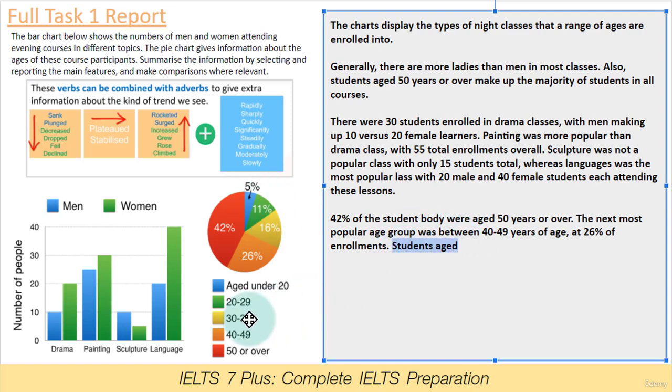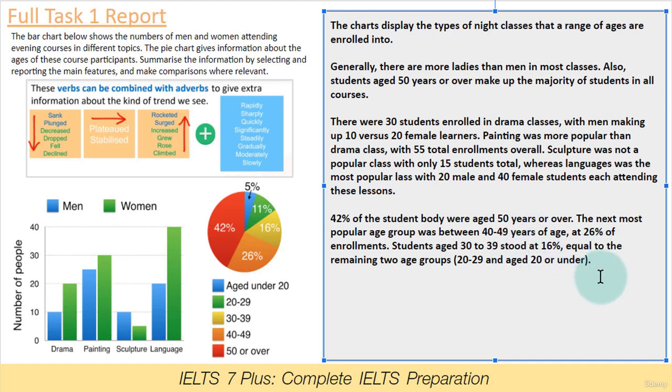So what I'll say is students aged 30 to 39 stood at 16%, equal to the remaining two age groups, and I'm going to use brackets as well, 20 to 29 and aged 20 or under. Okay, that kind of should mean that I have completed this writing here. I could maybe just say that age 20 and under stands at 5%, the lowest amount, but I think I'm quite happy with this.